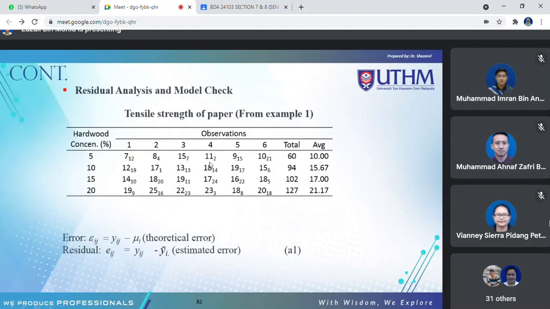It's actually the sequence of experiments. 17.1 means that this is the first data taken. The value is 17. This is the second data taken, and then we have the third data taken, 23.3.